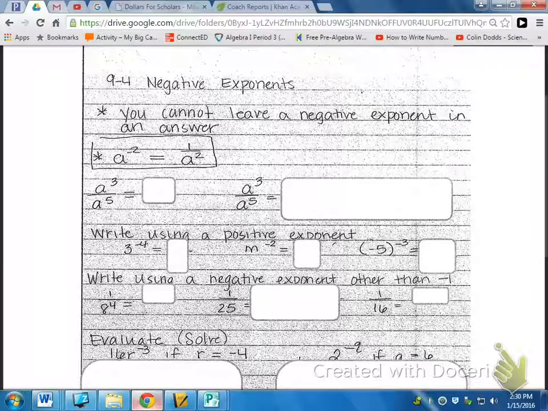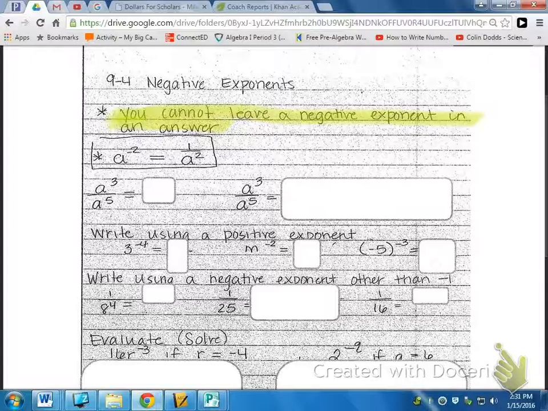The first thing, and probably most importantly, is that in regular problems that you're going to face, you cannot leave a negative exponent in an answer. That would be like leaving a fraction not simplified or something not in a standard form. So make sure that you do everything you can to remove negative exponents in an answer.